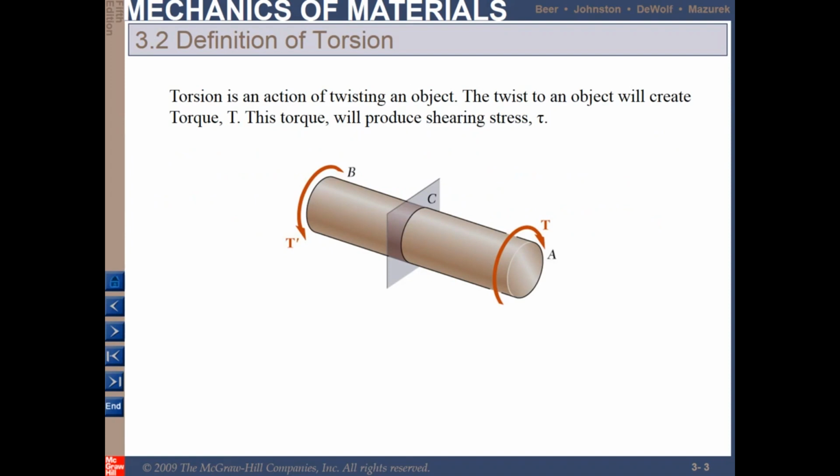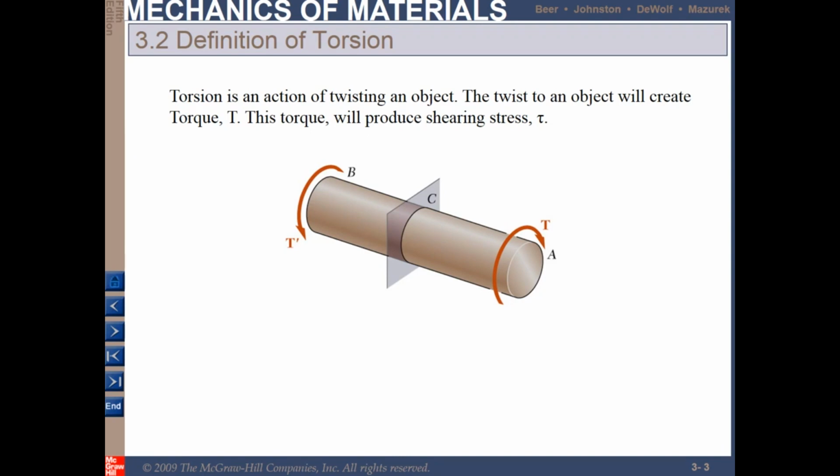The definition of torsion. Torsion is an action of twisting an object. For example, this rod, we twist at one end clockwise and at another end at anti-clockwise.